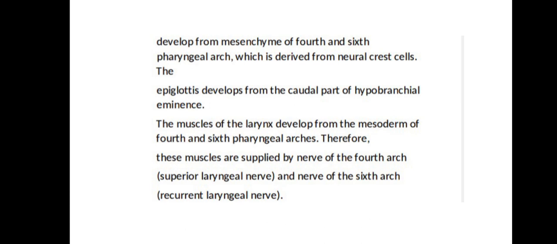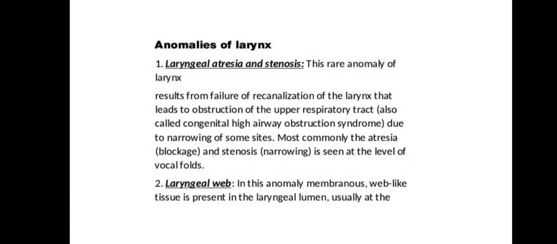The muscles of the larynx develop from the mesoderm of the fourth and the sixth pharyngeal arches. Therefore, these muscles are supplied by the superior laryngeal nerve and also the recurrent laryngeal nerve. So, up to date, the larynx and the trachea are innervated by the recurrent laryngeal nerve. We can move to the next point.